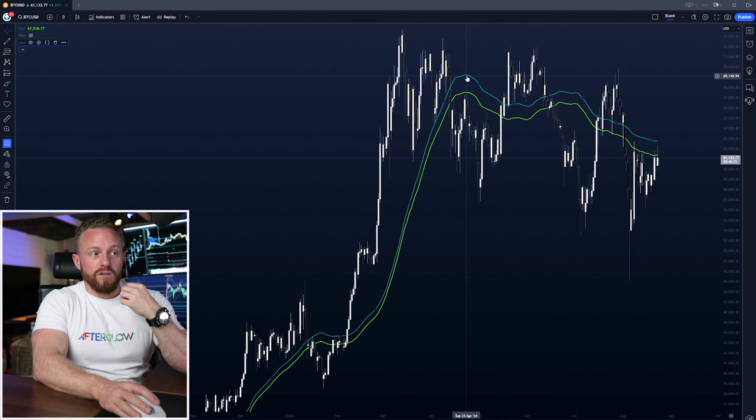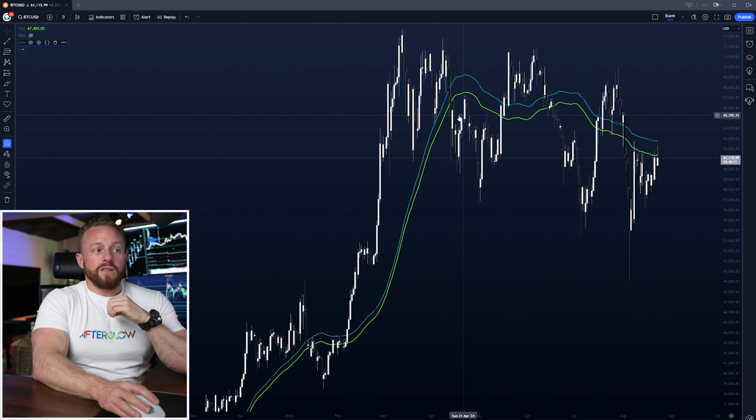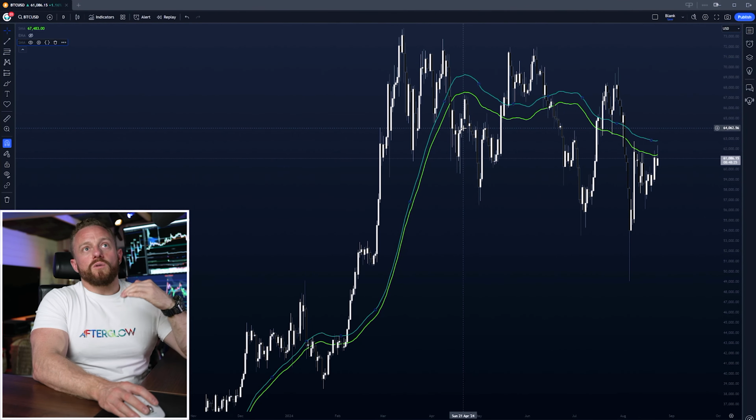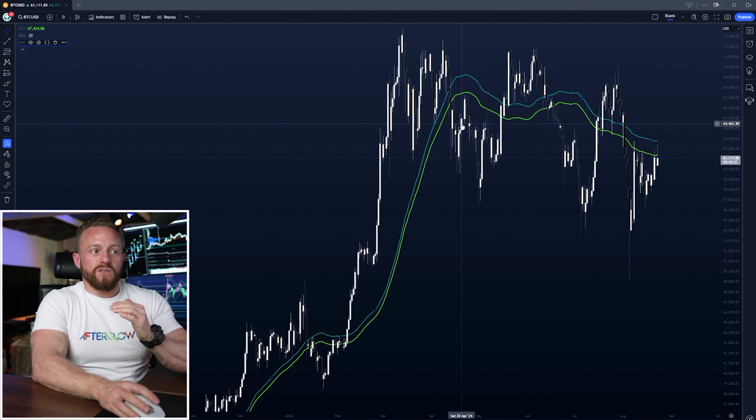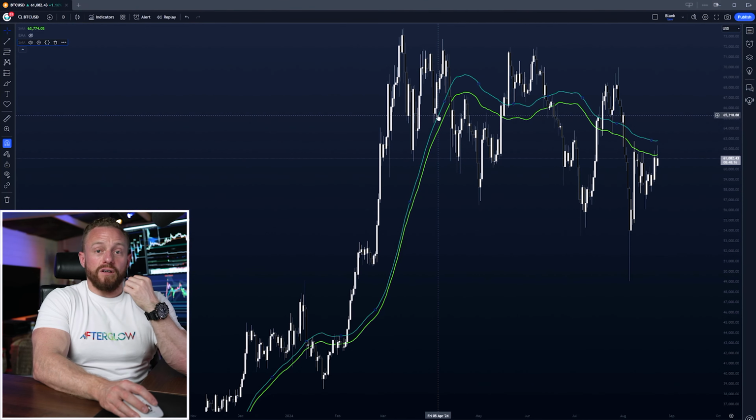The highs are in this turquoise color, and the candle closes SMA line is in the green. Obviously the candle high points are going to be higher than the closes for almost all the candles, and that's why the SMA 50 line in turquoise is tracking a little bit higher than the SMA 50 line in green for the closes.